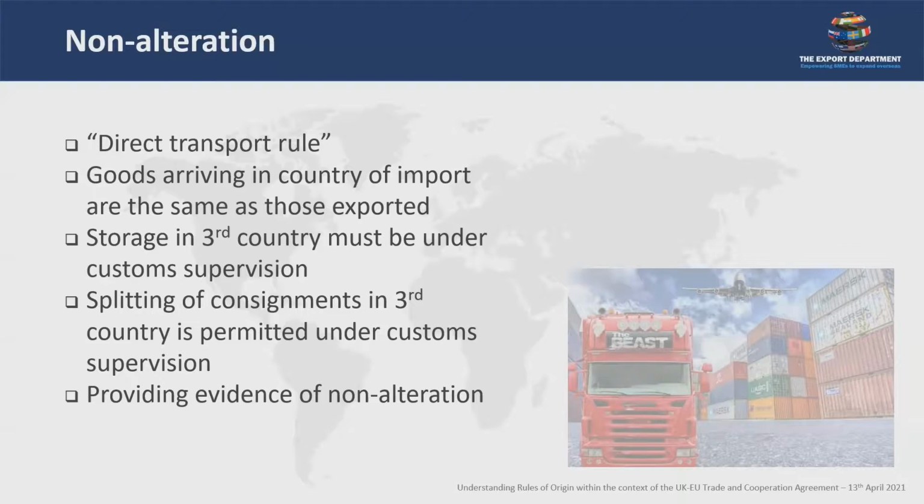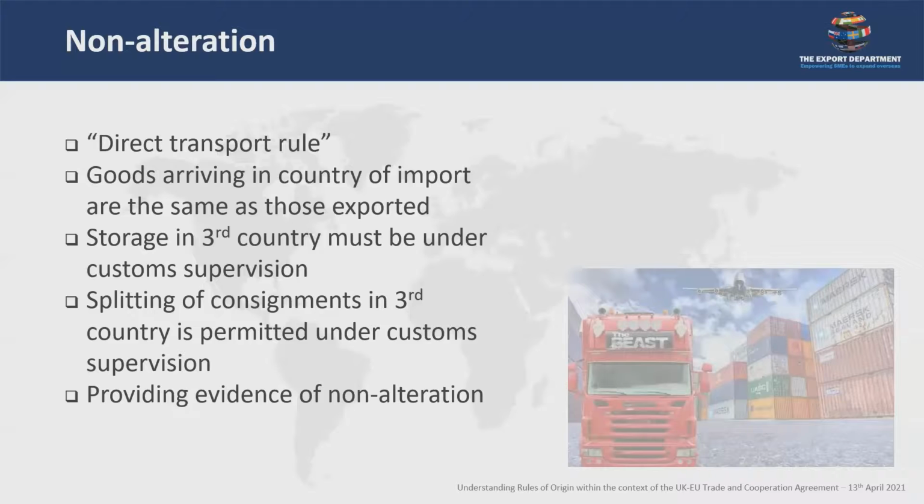Usually these preferential trade agreements contain rules covering the transportation of those preferential goods from one party's territory to another. And the purpose of it is to make sure that goods arriving in the country of import are exactly the same as they were when they were exported, if you like. So that preferential nature of the origin of goods hasn't been impacted in any way.